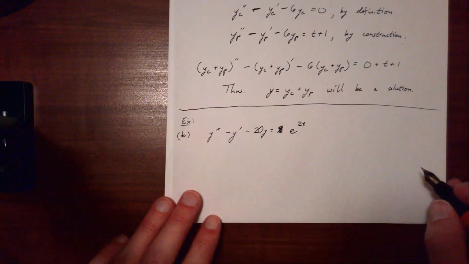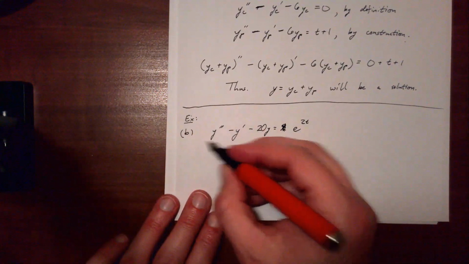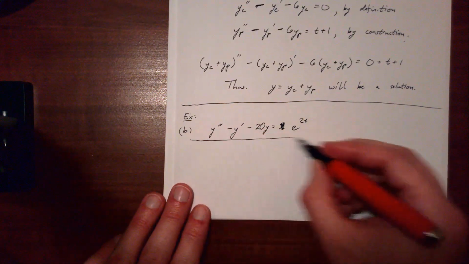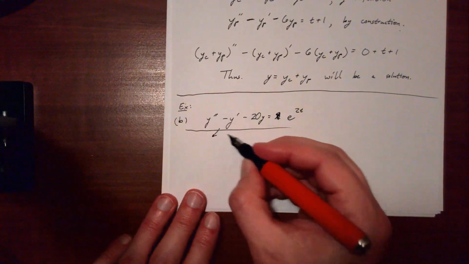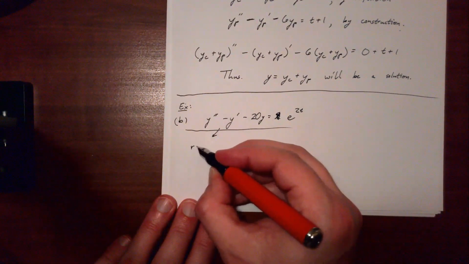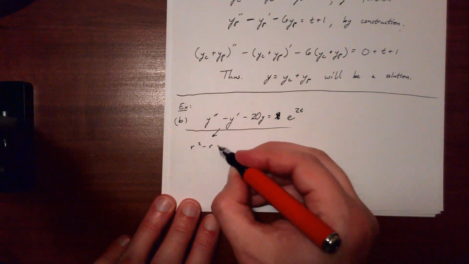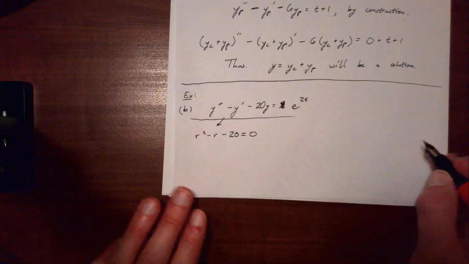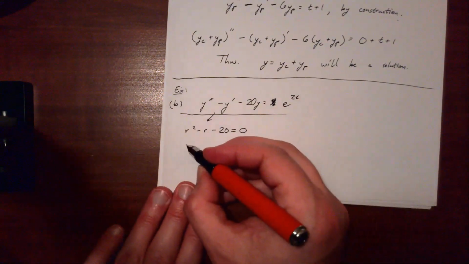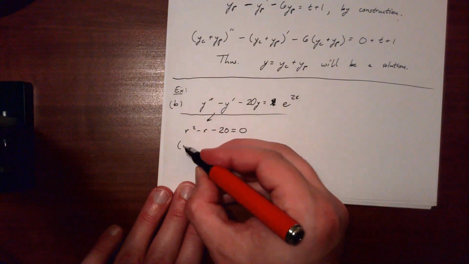E to the 2t. Okay, so here, let's just think about this one and think about what we've got here. So r squared minus r minus 20 equals 0 will be our characteristic equation, which we'll then solve according to the usual methods.